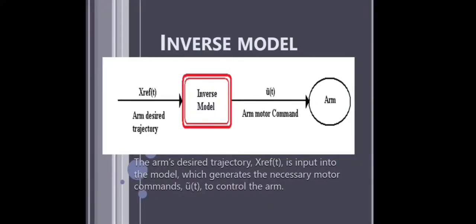So because the input is the desired trajectory of the arm, this desired trajectory is the input, then the input goes to the inverse model. Then automatically the inverse model gives the motor command to control the arm.